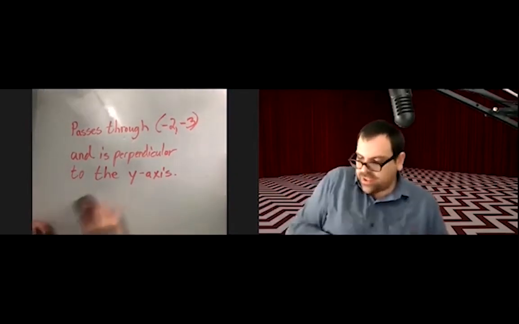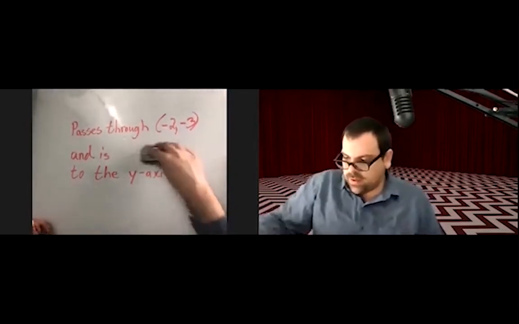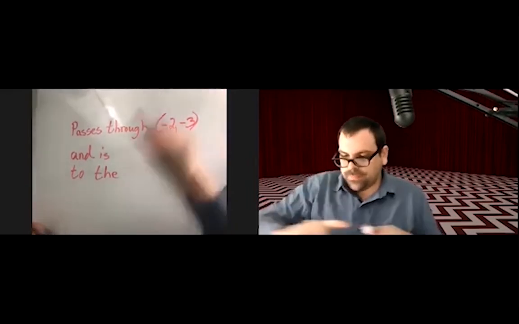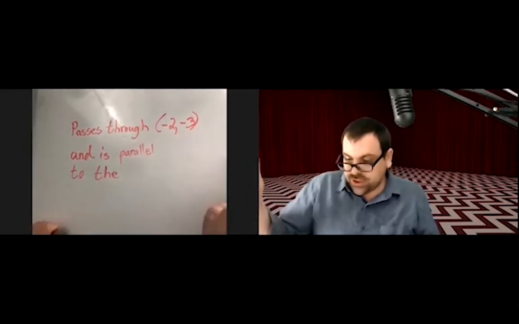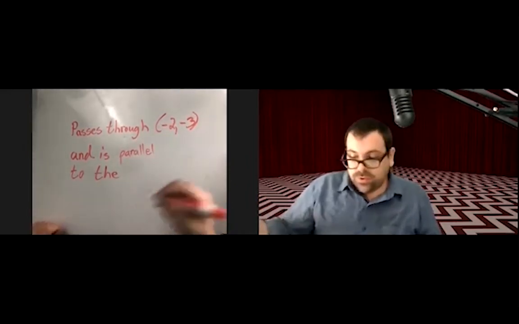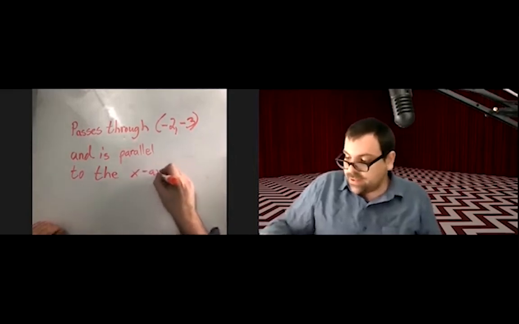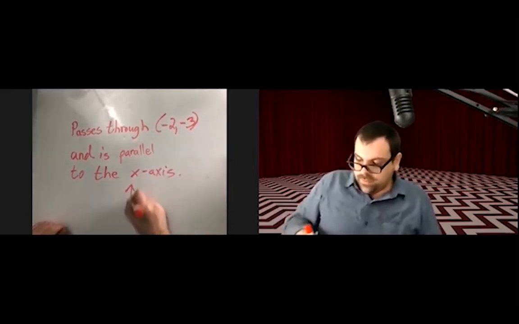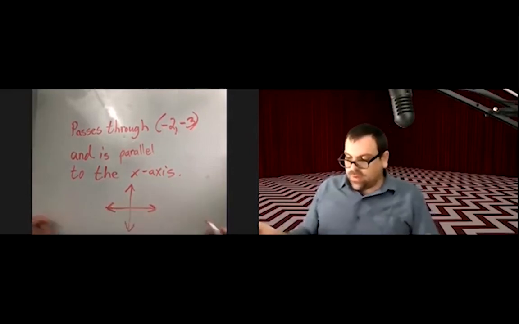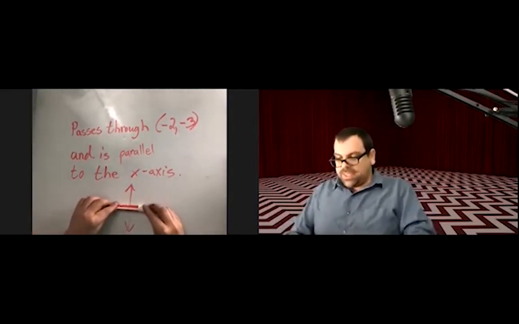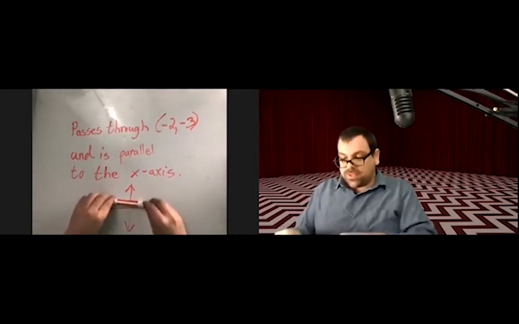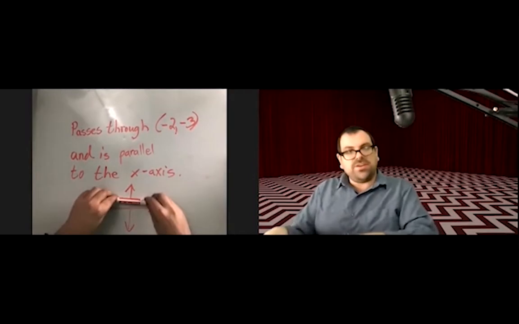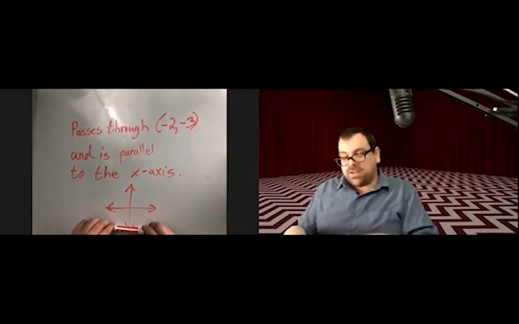Another combination of this could be, so I'm just changing things, parallel to the x-axis. And if we think about it, there's our x and our y. If we are parallel to the x-axis, that means we're parallel to a horizontal line. We are some other horizontal line. And I changed everything, but we ended up back in the same spot.